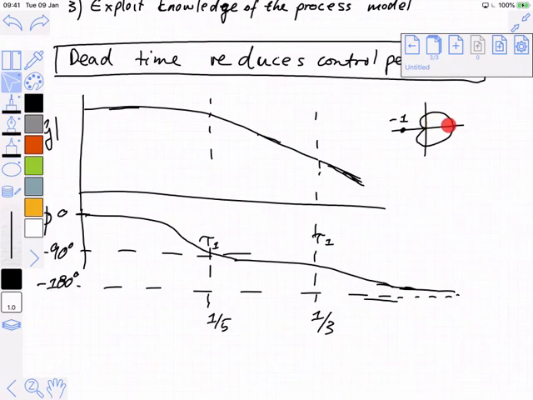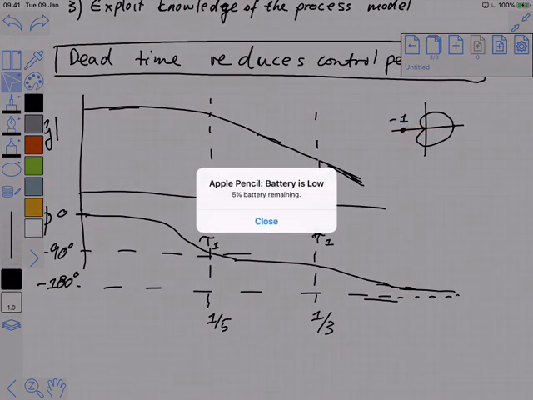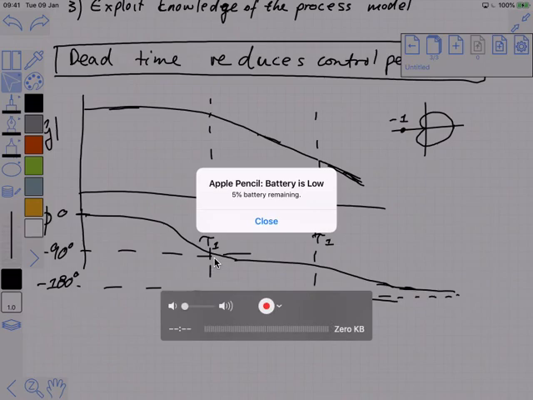If you look at that, that's zero phase, and remember the phase is this angle over here, so going from zero phase to minus 180 phase, at minus 180 the magnitude is so small that I'm never going to get to that point.